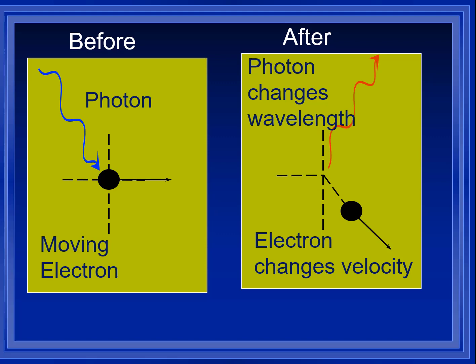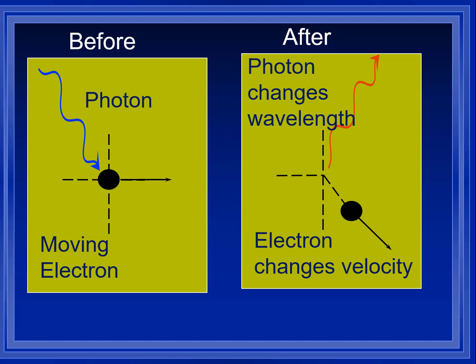So if I want to know where it's at, I need to make this wavelength short. I want to make it a tiny wavelength if I want to measure where the electron's at, because electrons are tiny. But there's a problem with that. If I make the wavelength tiny, that means I made the frequency high, which means I made the energy high, so that when it hits that electron, it's going to knock it flying.